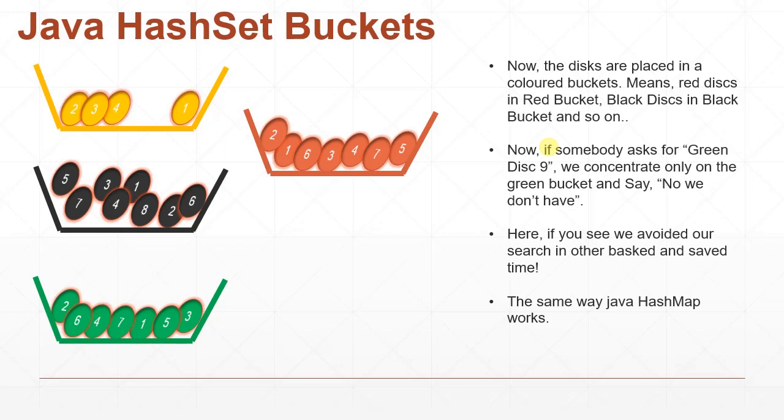Then when somebody asks you to compare an object, you will generate a hash code out of that comparing object. Then since the elements are already placed in a basket based on the hash code, you will go to that specific bucket based on the generated hash code. So your search will work faster.